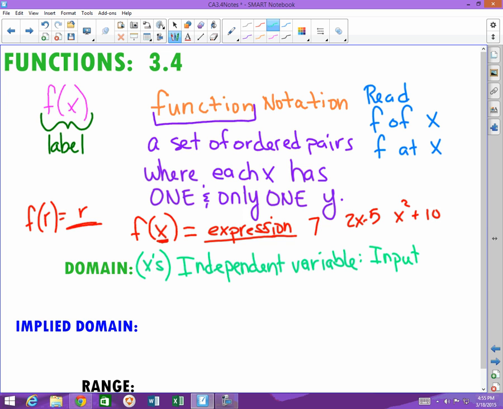That would be way back in like your middle school days. And the domain would be the values that can be used for the variable.